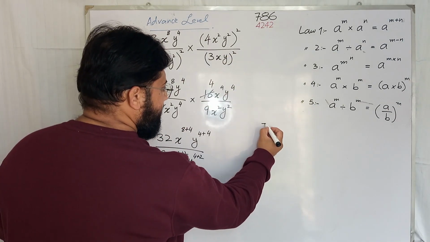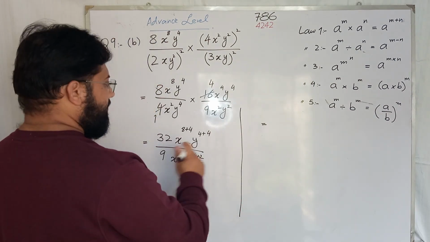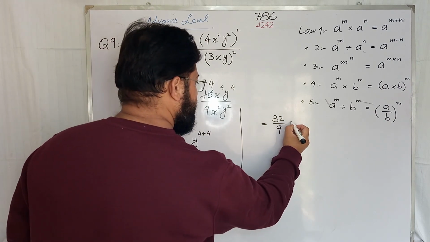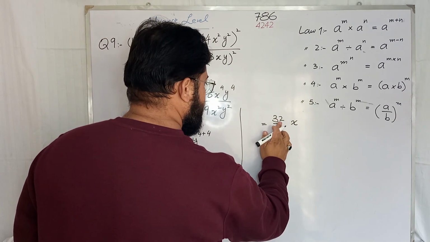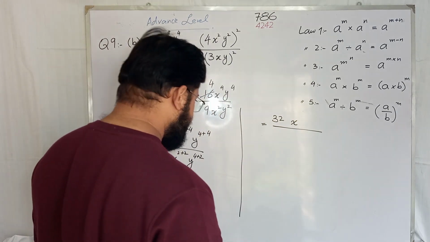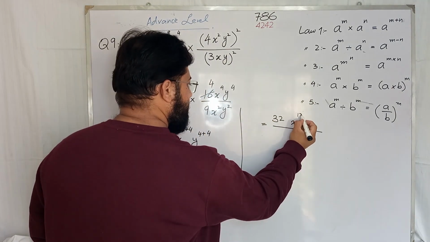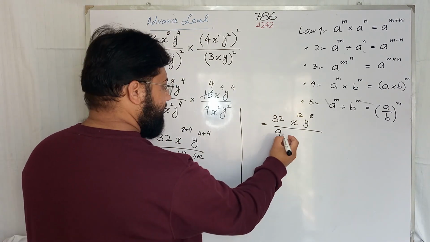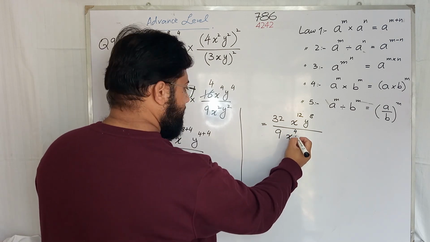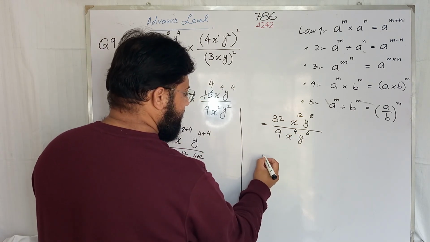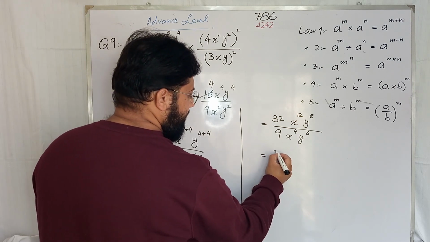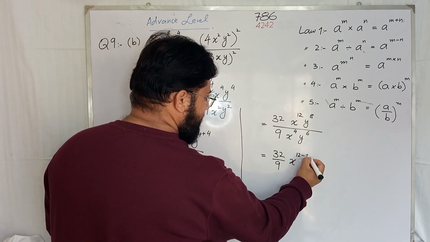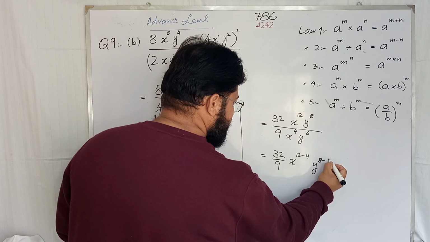Next I am going to do the next step here. 32 over 9, first do the numerator. 8 plus 4, 12, y⁸ divided by 9, x to the power 4, y to the power 6, and at the end 32 by 9, x 12 minus 4, y 8 minus 6.